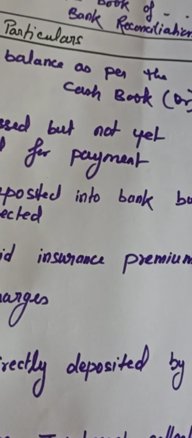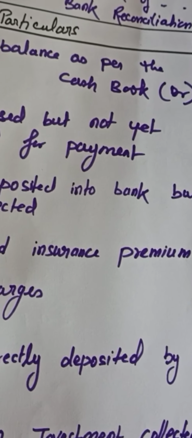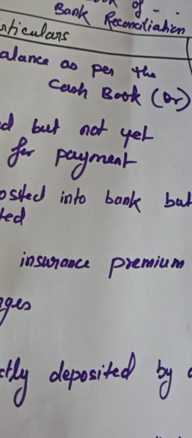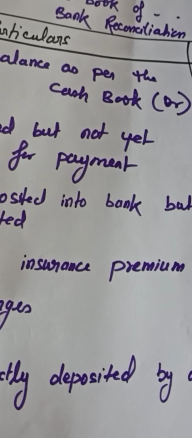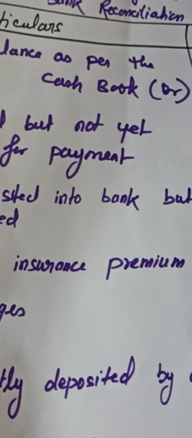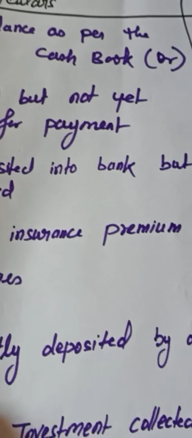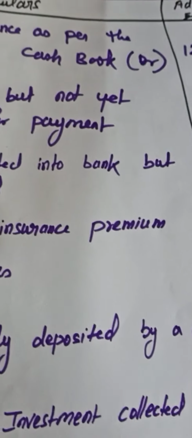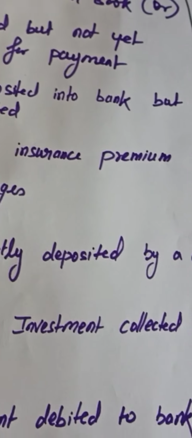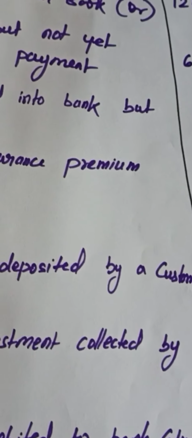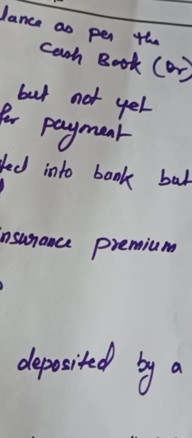Bank charges 300. The bank is doing a number of services for the customer, so the bank will charge, it means the bank account is reduced by 300. Number 5, amount directly deposited by the customer means the bank balance increases by 8,000.